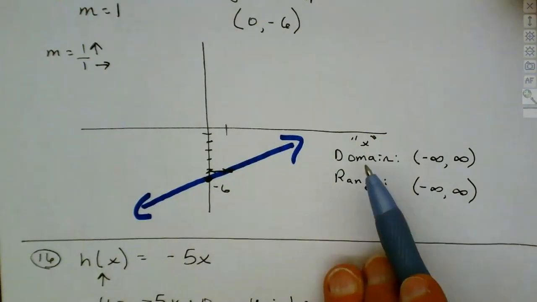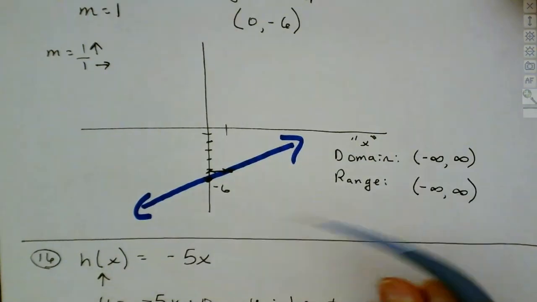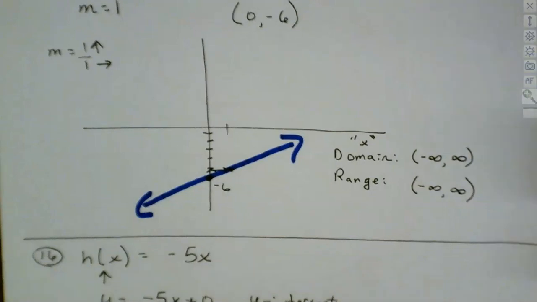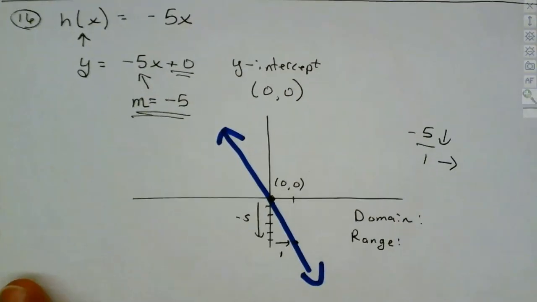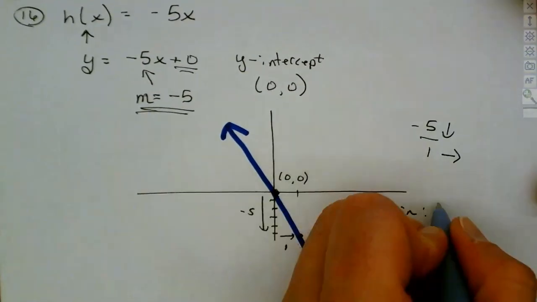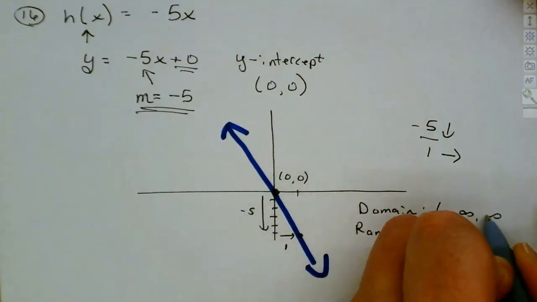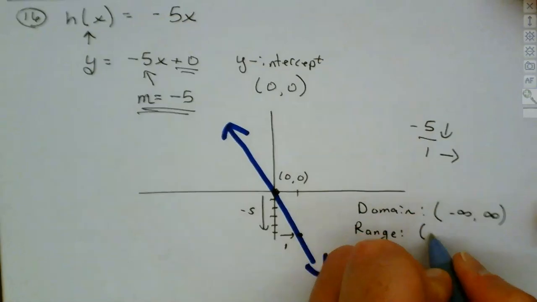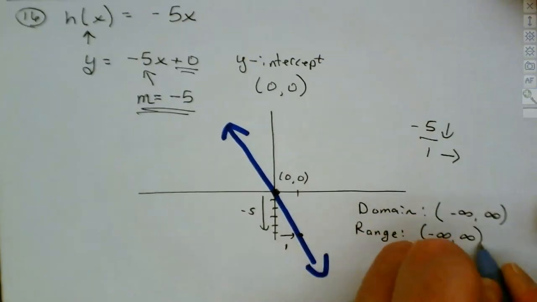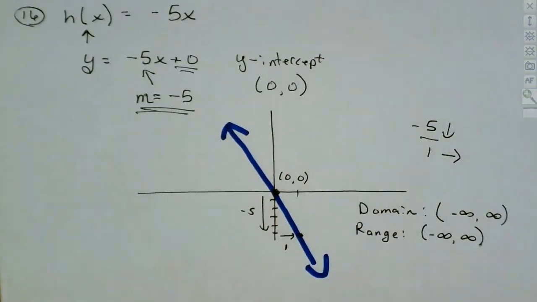Your domain and your range were what? Negative to positive infinity, right? Now, this one is also a diagonal line. So what do you think your domain and your range will be? The same. So it's also going to be negative to positive infinity, right? All diagonal lines are always negative to positive infinity for the domain and the range.